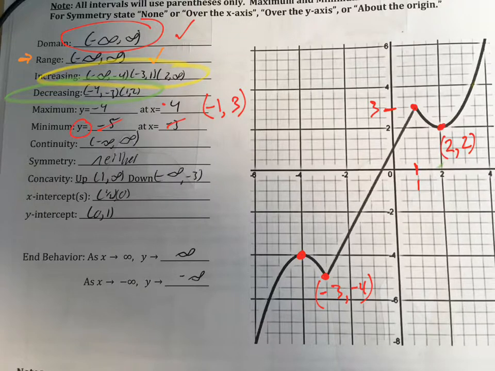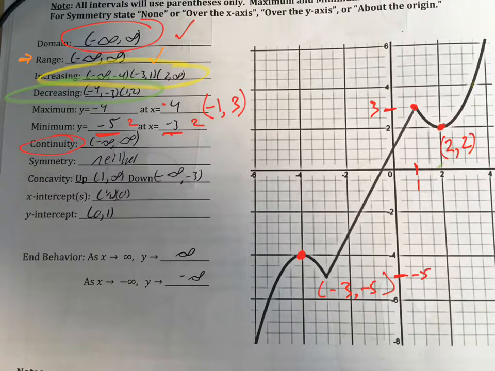A y value of -4 at the x value of -3. Or was it a -5? Oh, you were right. It was -5. I looked at it wrong. This point is -5. So you were right. -3, -5. So that's one of them. -5 at -3, and the other one is 2 at 2. So there's actually 2 of those.